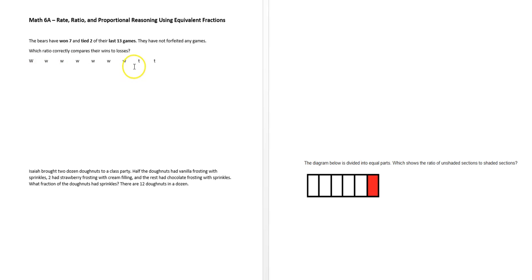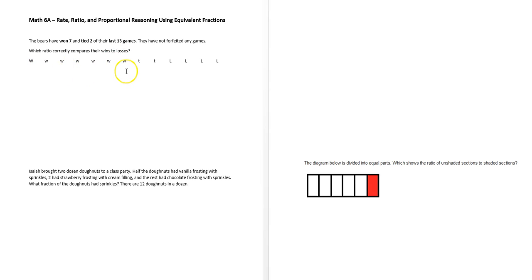So altogether now we have 9 games accounted for. So that means that we must have had 4 games that were losses. So here are the wins, here are the ties, here are the losses. We're supposed to construct a ratio that compares wins to losses.